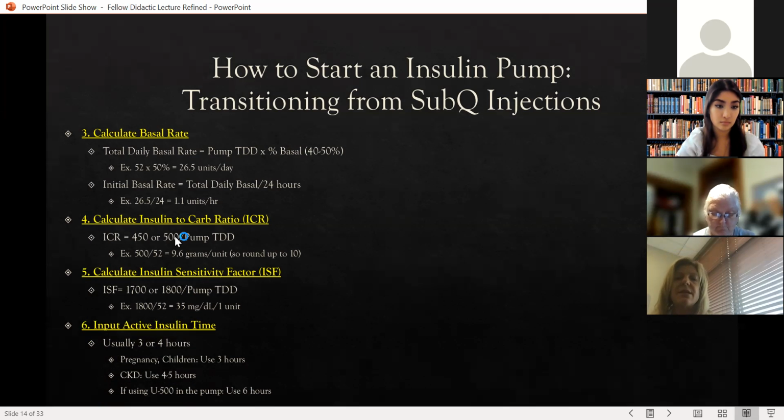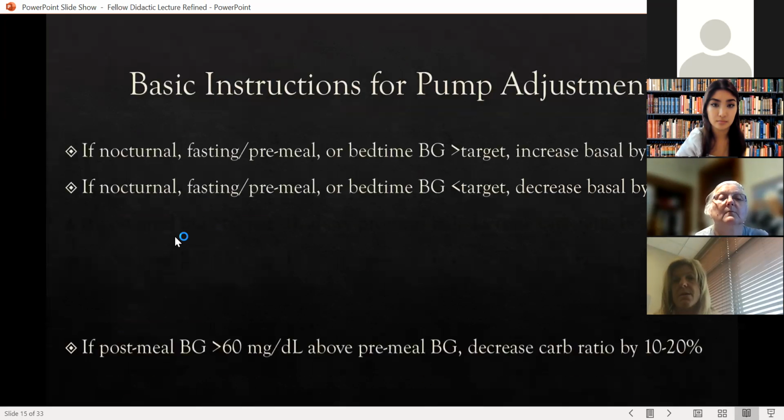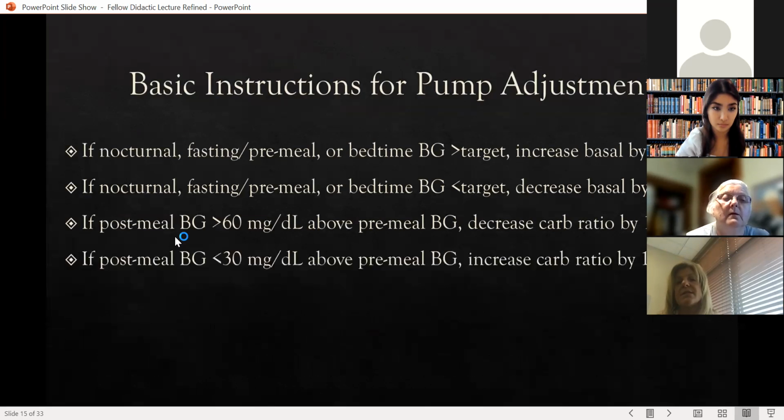Active insulin time is that usual thing that I said, normally 3 to 4 hours, and we don't really move that too much. This is the same as if you were adjusting someone on blood sugar readings, even on injections.